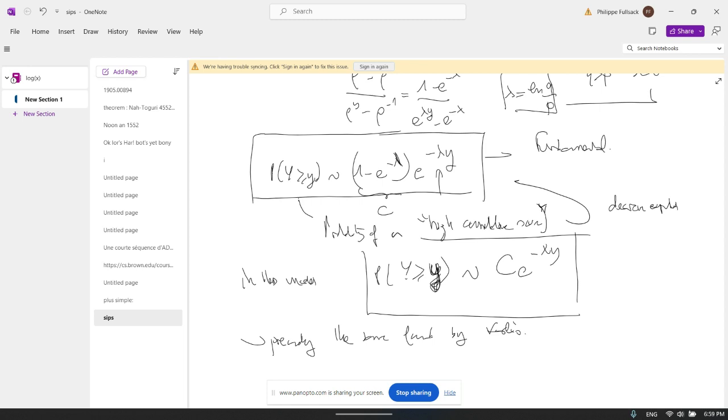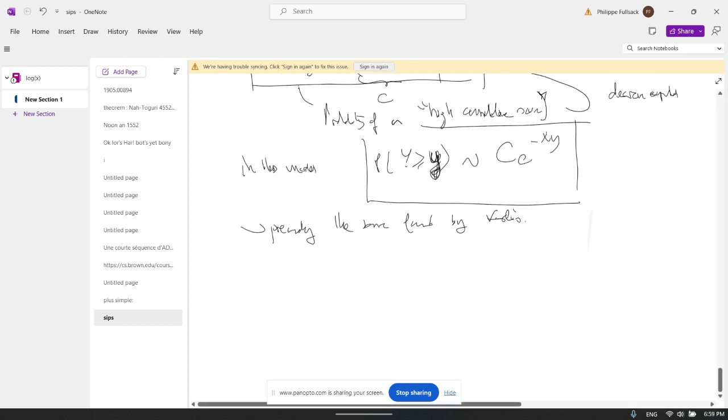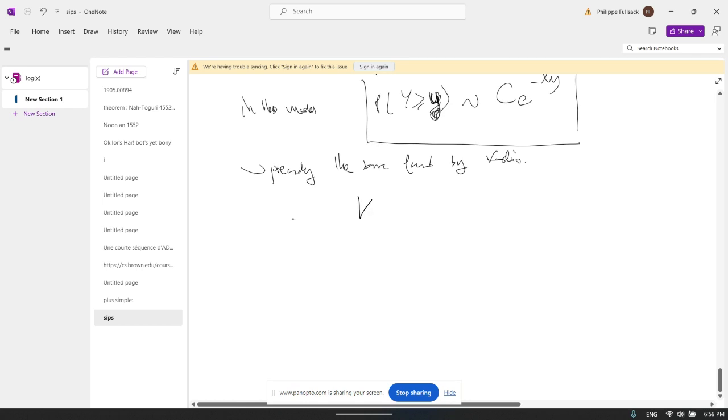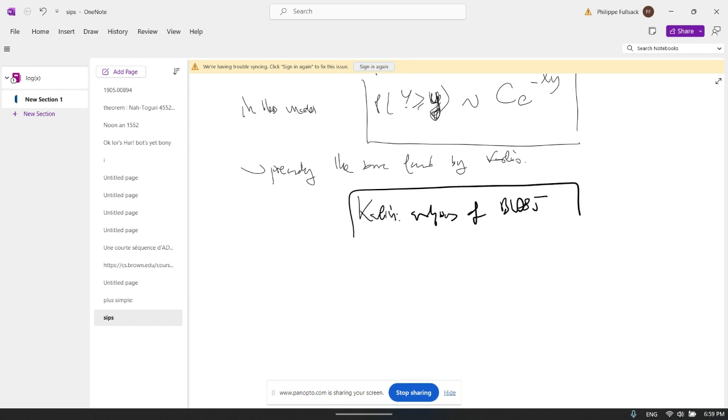So let me just shortly discuss the scale parameter. In the paper of Karlin, the analysis of BLAST, basically, of course, we can use this to design the p-values.